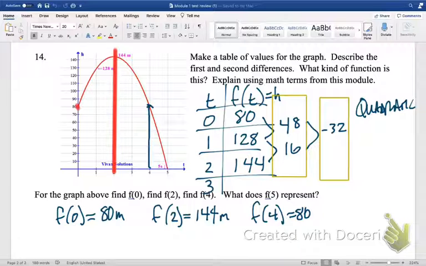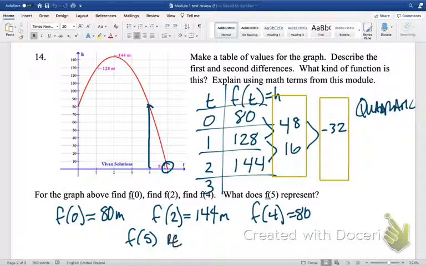We'll get there very soon, trust me. But for right now, f of 4 is going to equal 80 meters. And finally, f of 5 represents the object hitting the ground.